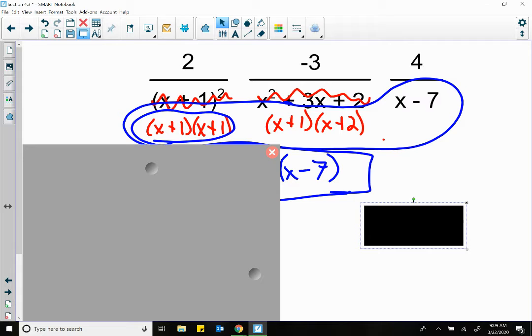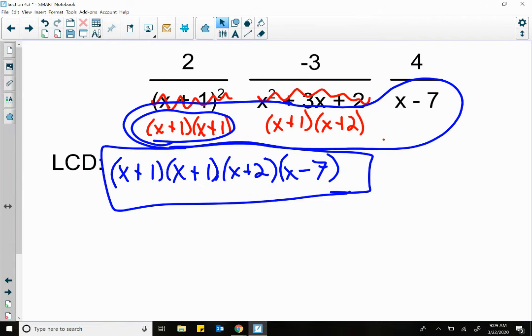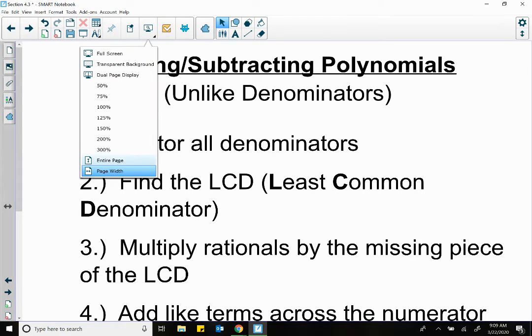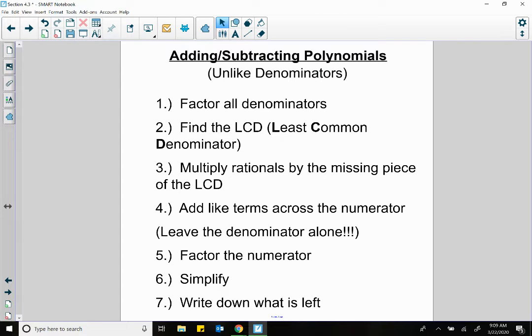Let's start talking about how do we add and subtract unlike denominators? So here's the full gambit. Again, I know these look like a lot of steps, but this first piece right here, step 1 through 2, that's what we were doing a couple seconds ago, finding the LCD.